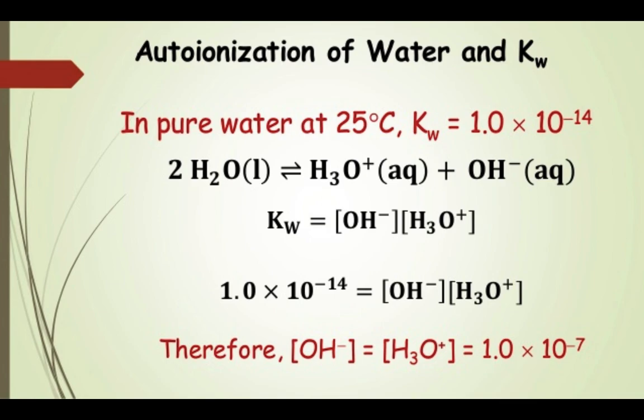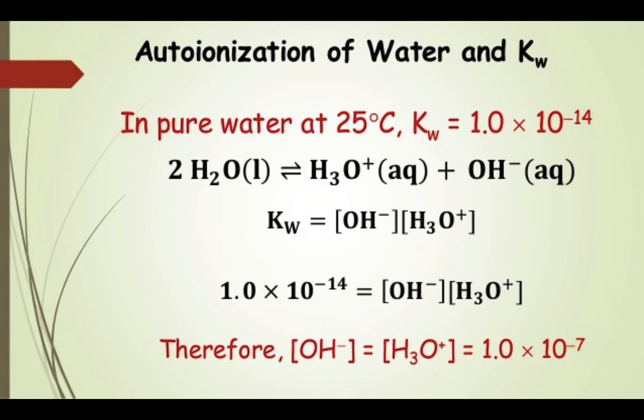The K for the autoionization of water is given, and we just love to put subscripts on K's. We call it Kw for water ionization. In pure water at 25 Celsius, the Kw for the autoionization of water is 1 times 10 to the minus 14.